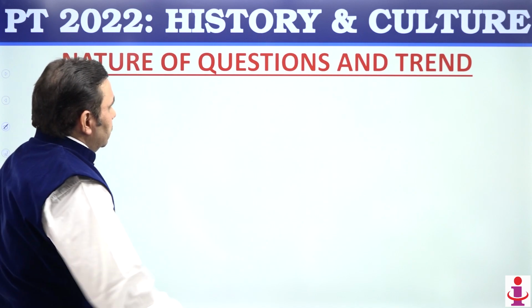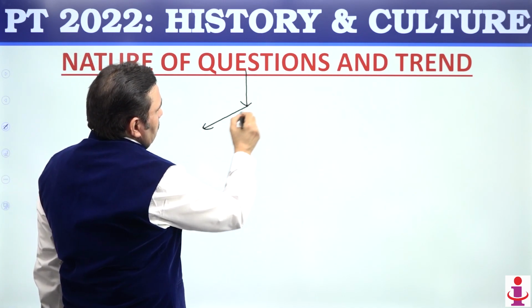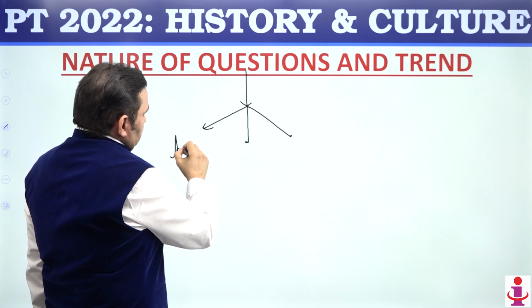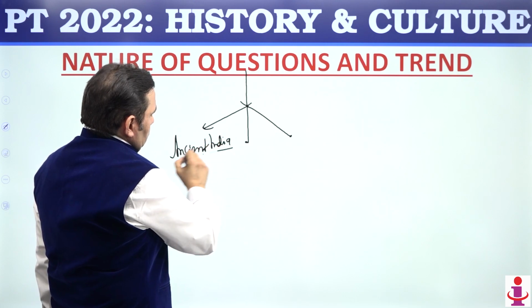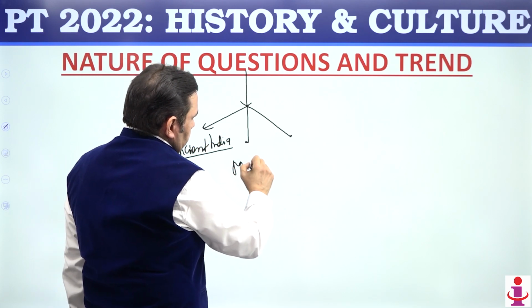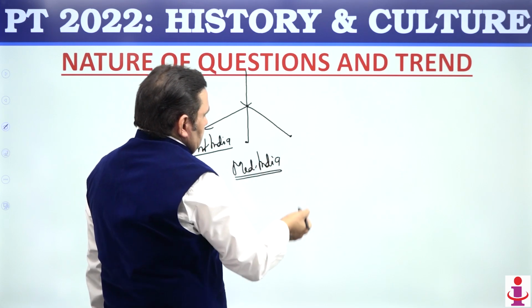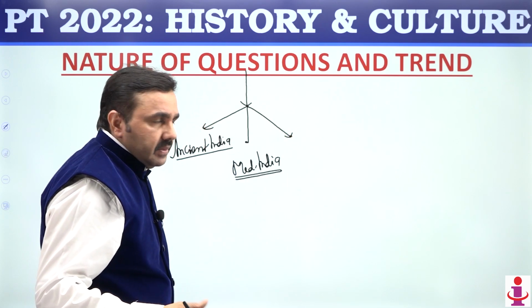If you look at the nature of questions here, questions are from all the segments. You have questions from ancient India. You have questions from medieval India. Those questions could be such as Phanom, or about Muhammad bin Tughlaq.